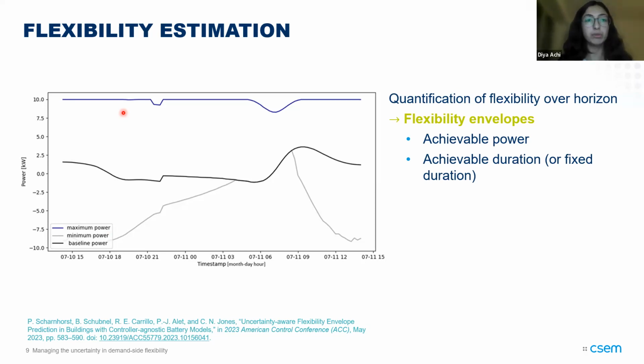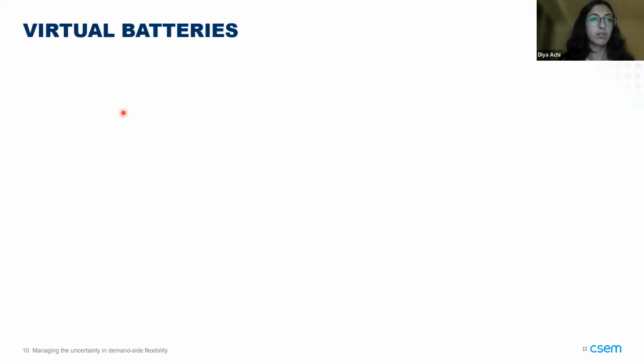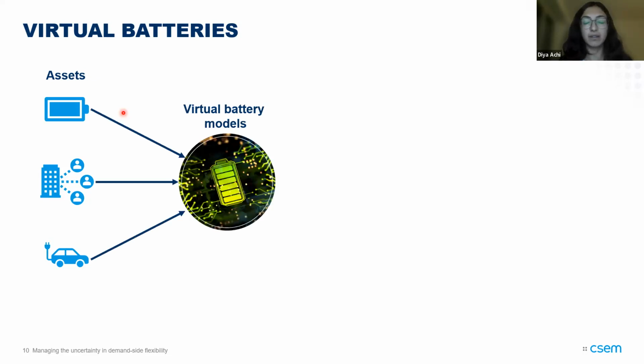And to be able to build that flexibility envelope, we use virtual battery models. So what do I mean by virtual battery models? We have different types of assets: stationary batteries, heat pumps that can be coupled with a storage, or electric vehicles. But for us, all these assets are represented as virtual batteries.